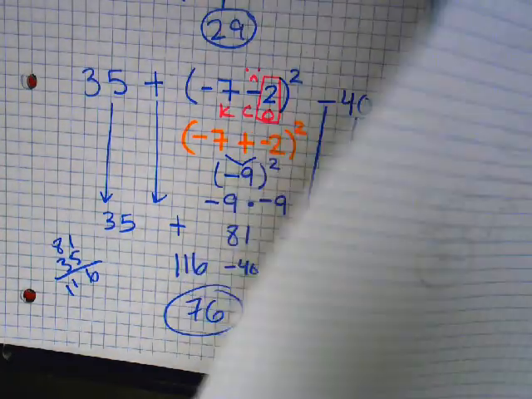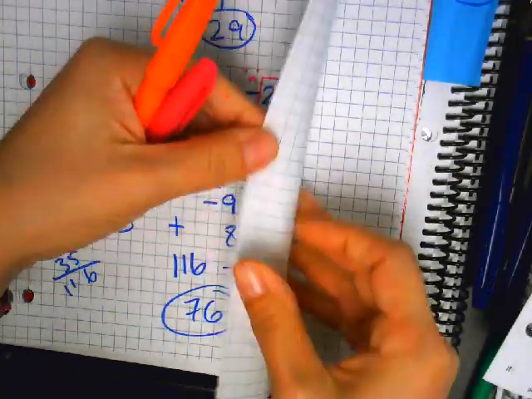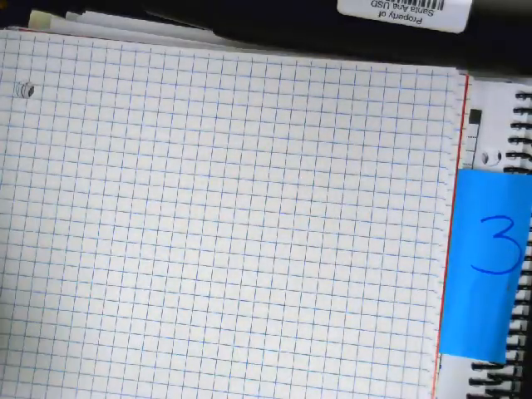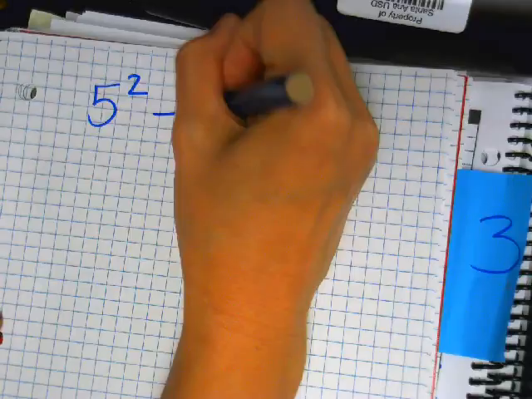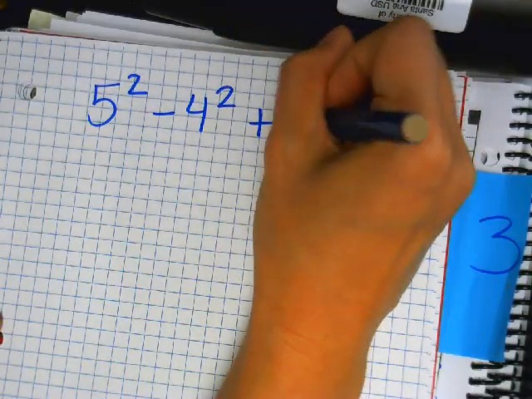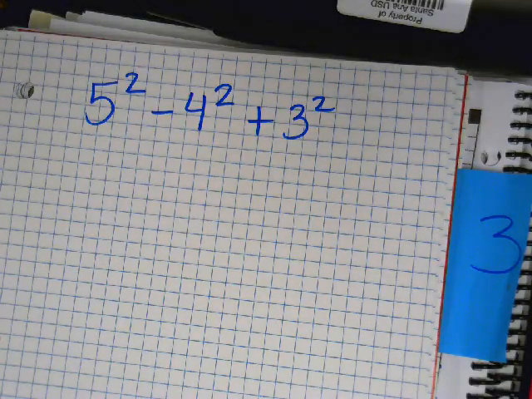Alright, one last one before classwork. Might be the easiest. 5 squared minus 4 squared plus 3 squared.